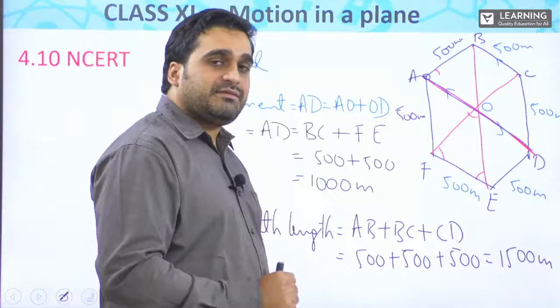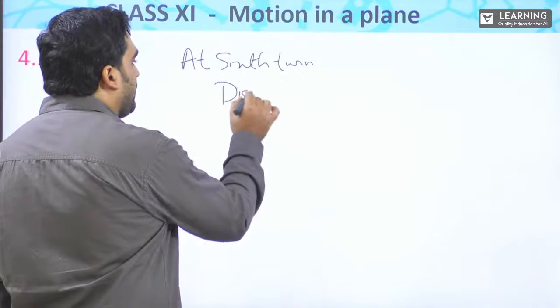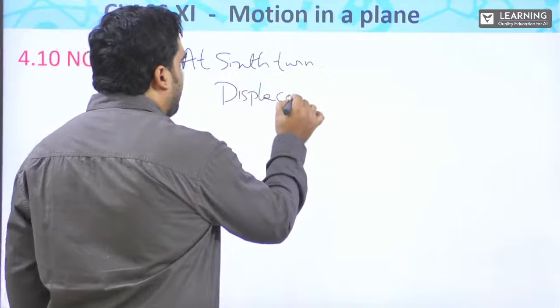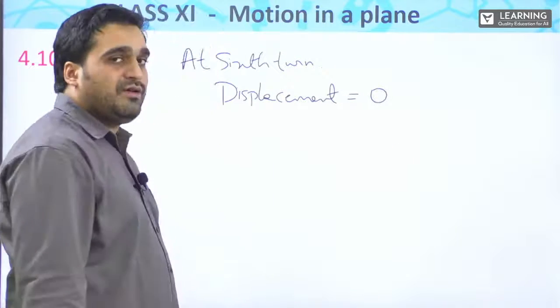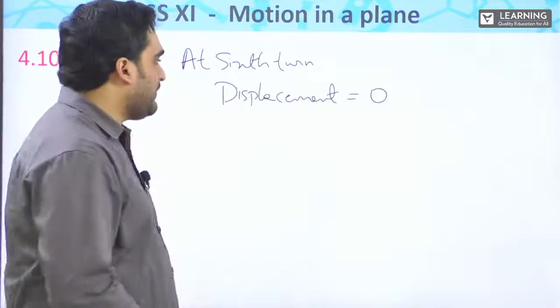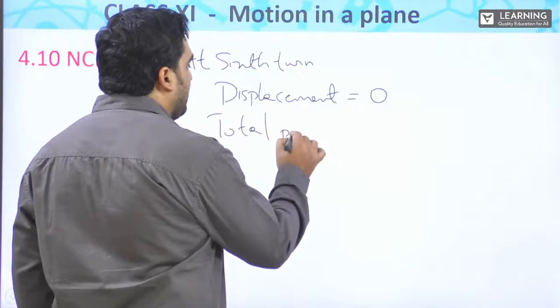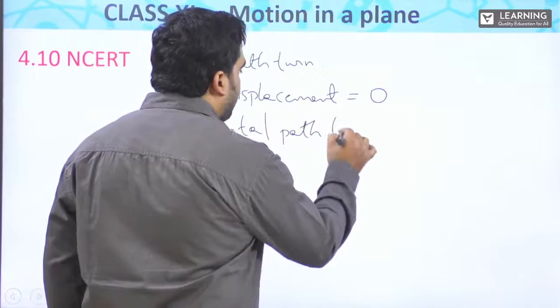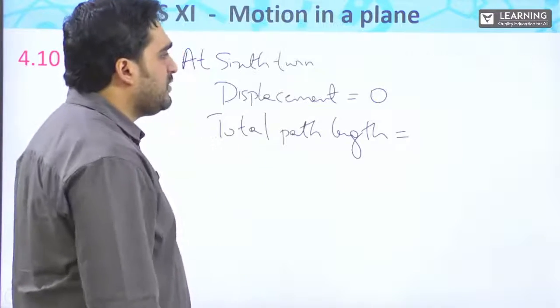Since you land at the same spot, displacement will be equals to 0, because the initial and the final points are the same. On the other hand, total path length will not be equals to 0, but rather how much?